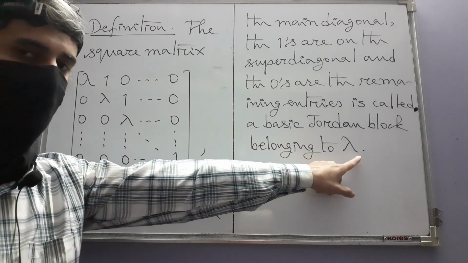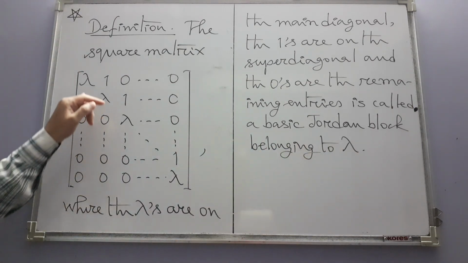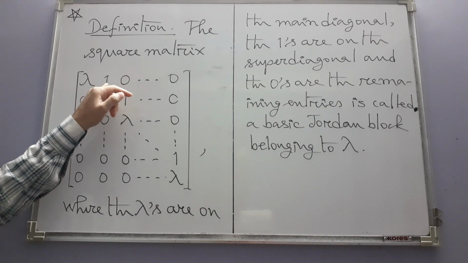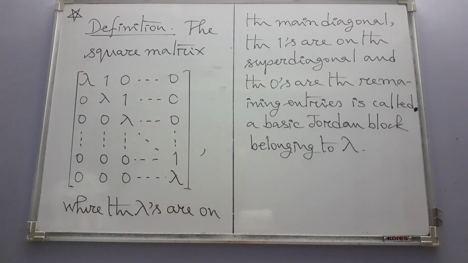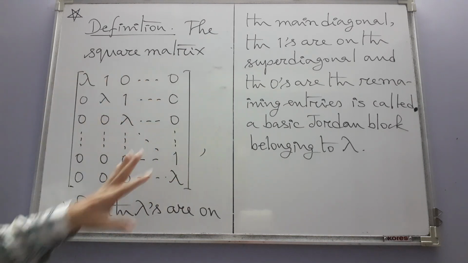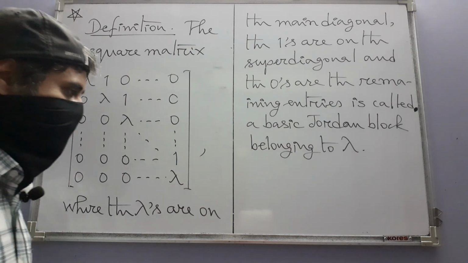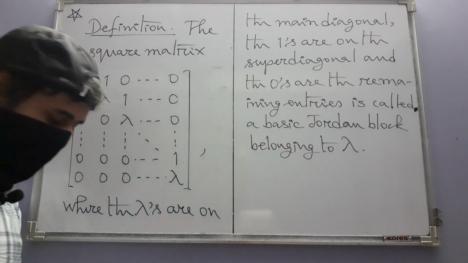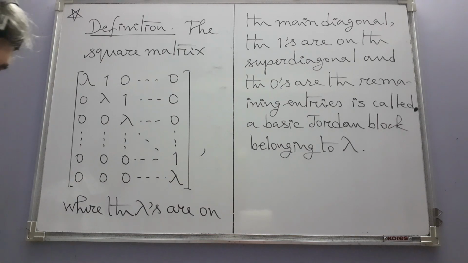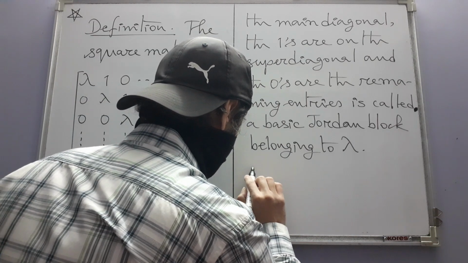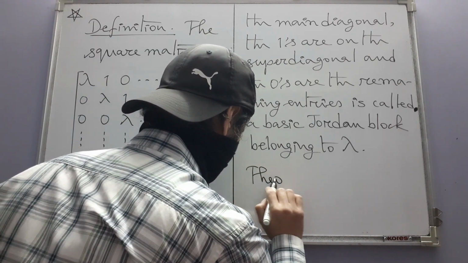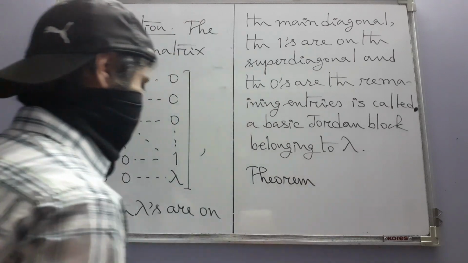This lambda of course is going to change, and the other entries are 1, or 0 in this fashion. Okay. So now this is the final thing that we are eventually going to prove. Not today, but we will prove it in the next video. So this is what we are ultimately going to have.